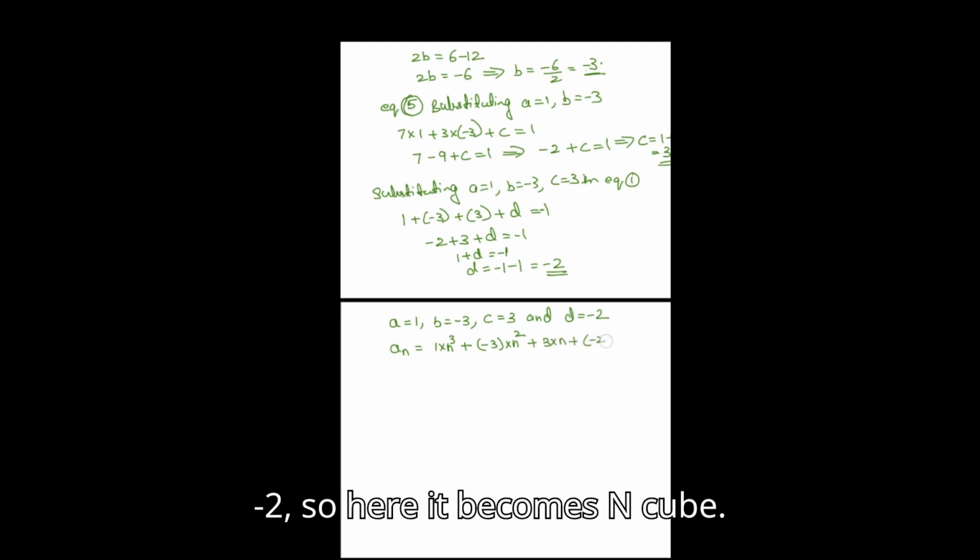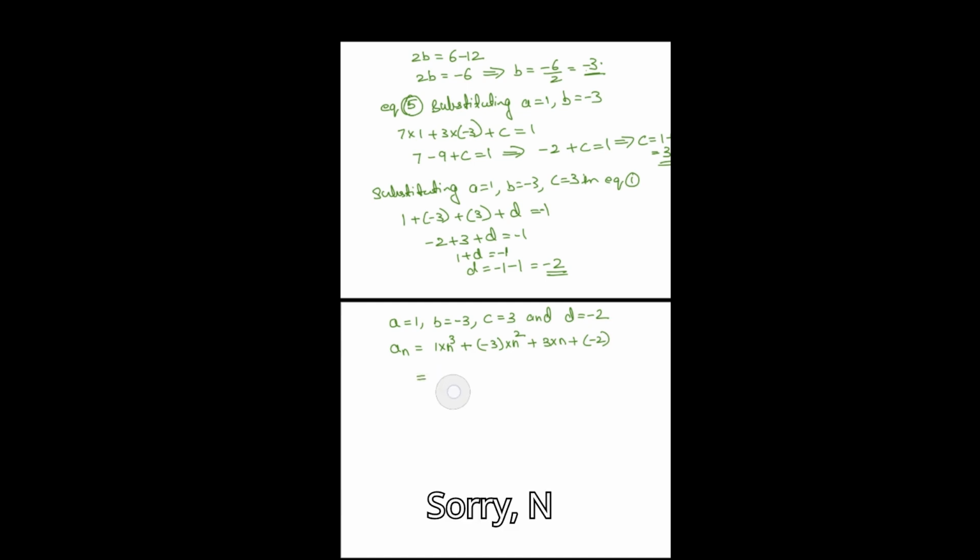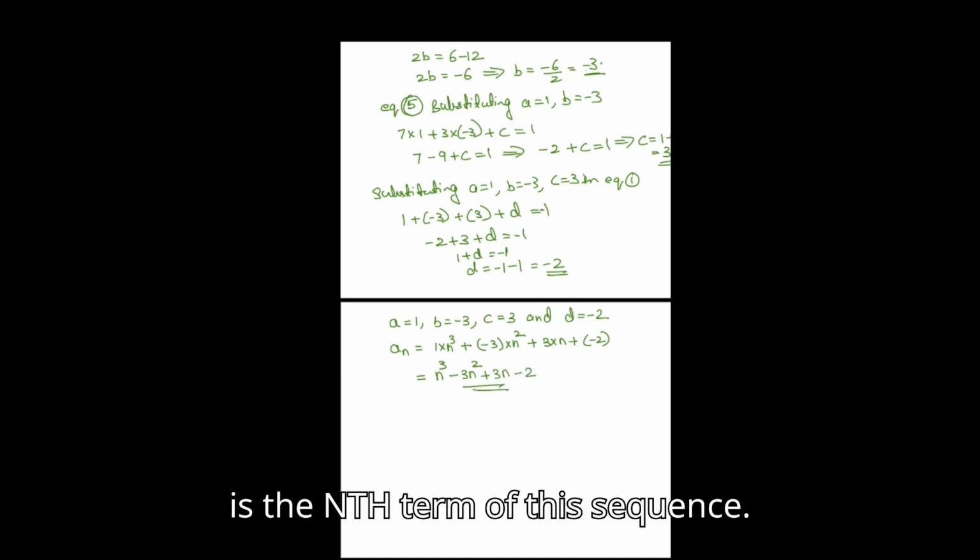An is equal to 1 into n cube plus minus 3 into n square plus 3 into n plus minus 2. So here it becomes n cube minus 3n square plus 3n minus 2 is the nth term of this sequence.